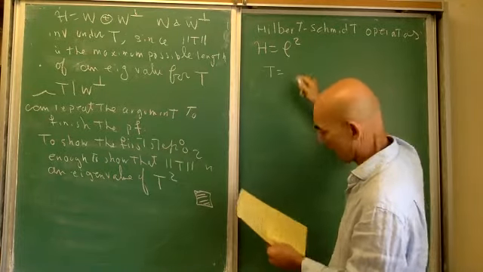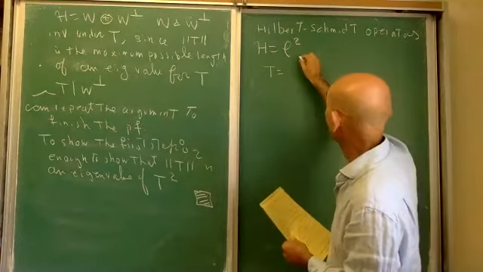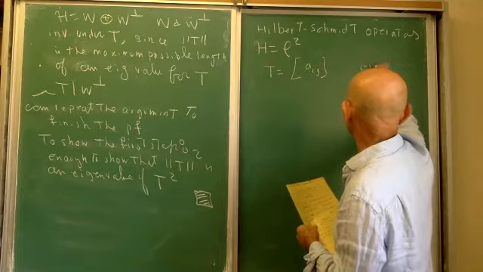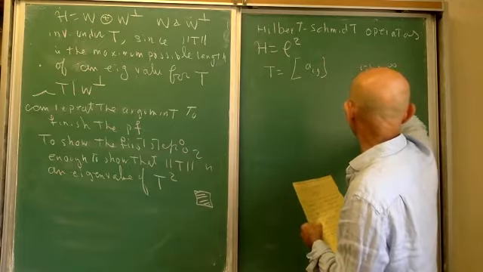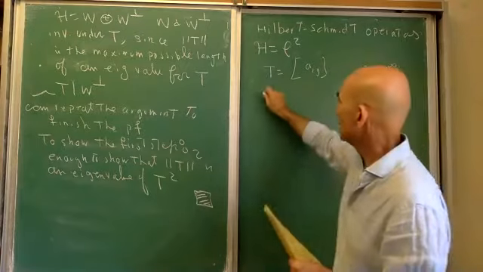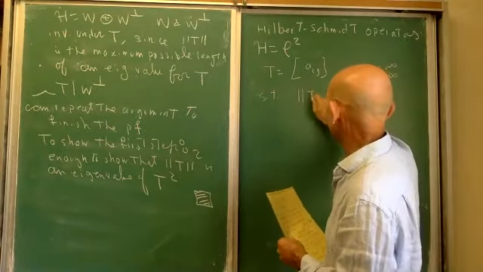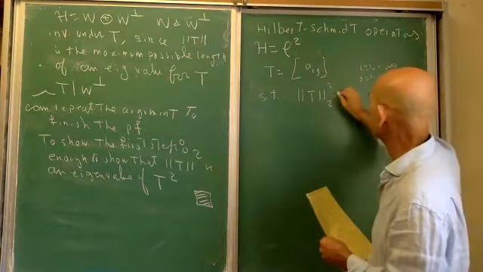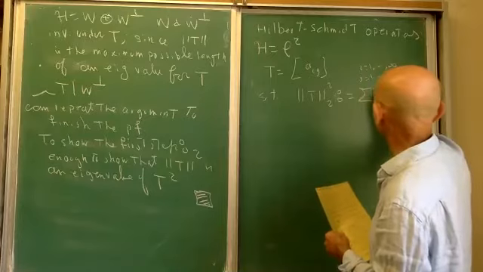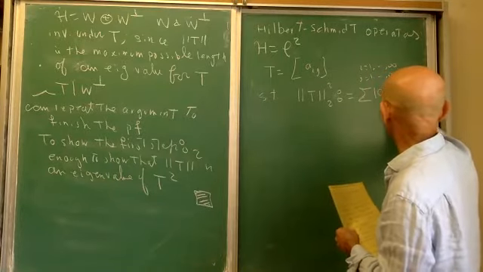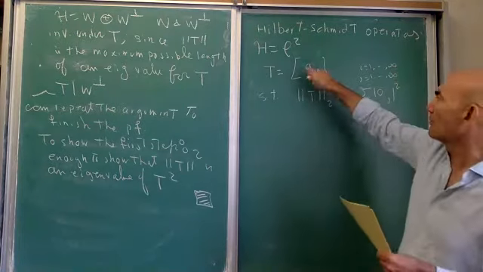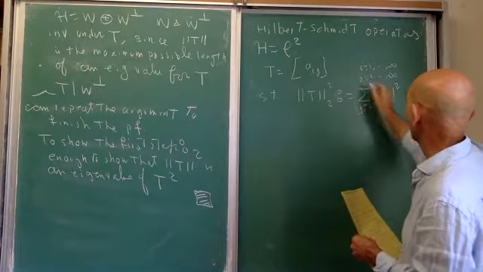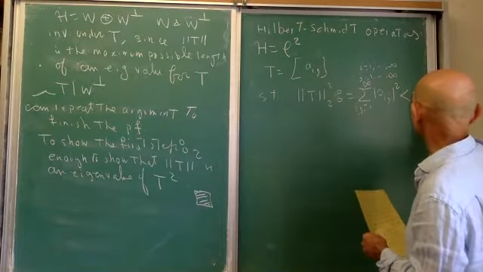Now let's take an operator T such that in the standard orthonormal basis, we can write it as, my notation is going to be basically A_ij, i from 1 to infinity, j from 1 to infinity, such that the Hilbert-Schmidt norm of T, which is by definition the sum of the absolute values of A_ij squared, so it's the L2 norm of this sequence, is less than infinity.